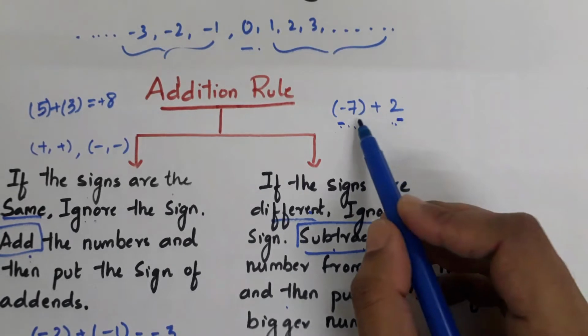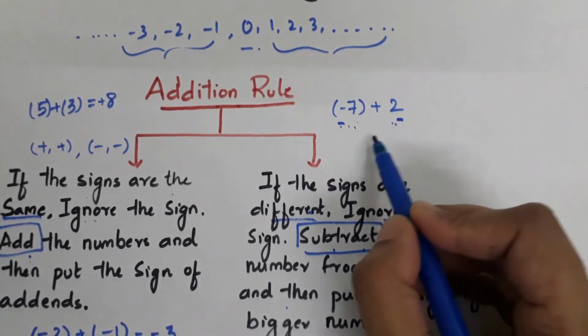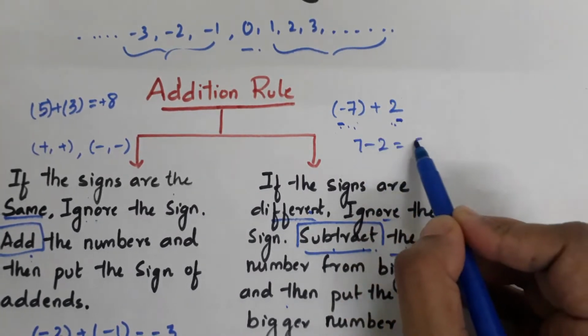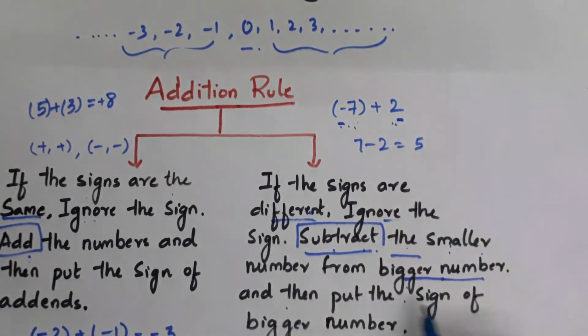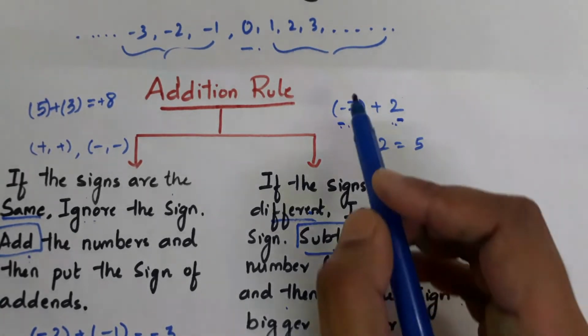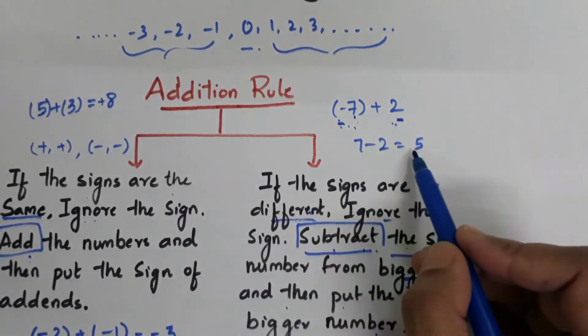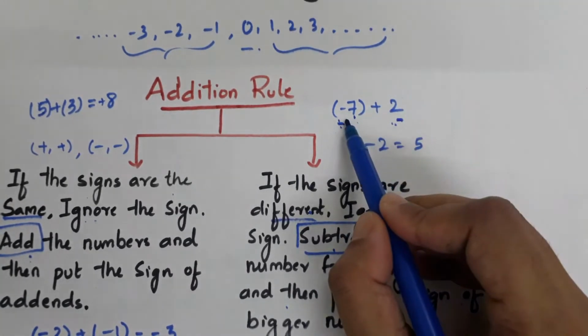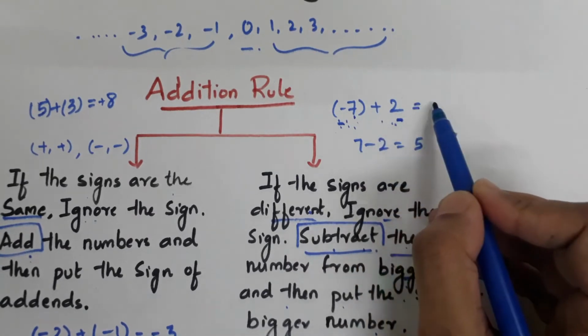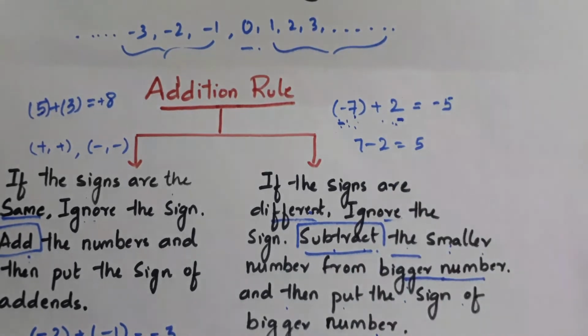That is, 7 minus 2, which gives me 5. Then put the sign of the bigger number. The bigger number is 7, and the sign of 7 is minus. So my answer will be -5. So -7 plus 2 gives me -5. That's it. You just have to understand the sign.